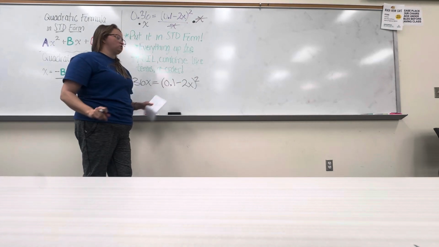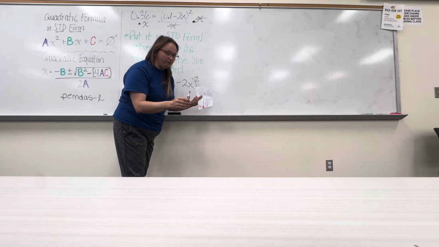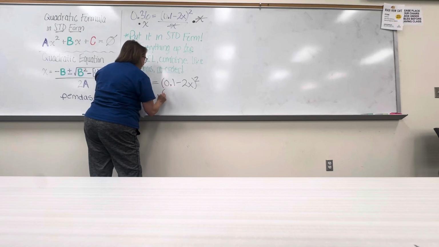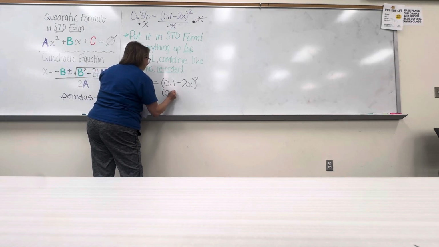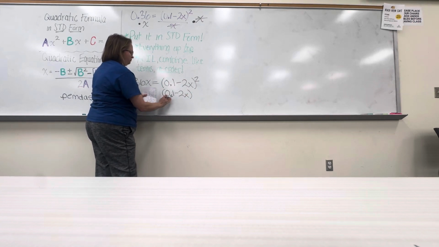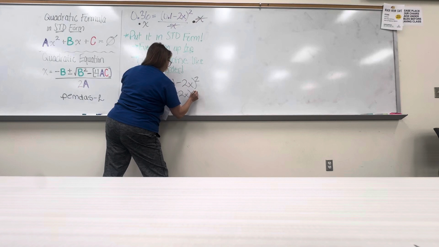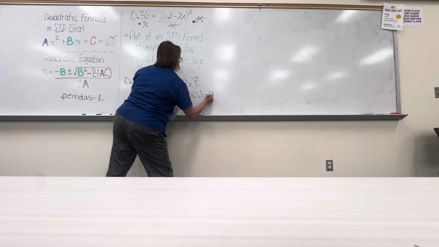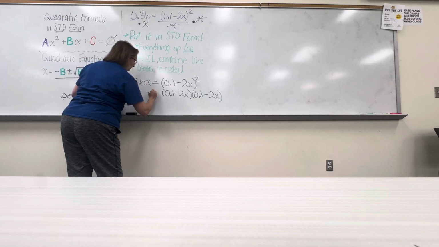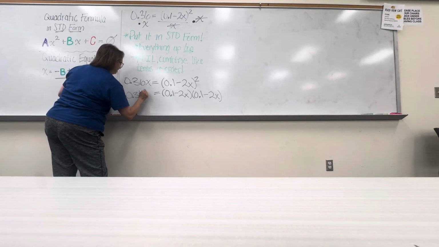Now remember, when you're squaring something, you're multiplying that thing by itself all over again, right? So we're going to expand this, and we're going to say 0.1 minus 2x, that value multiplied all over again by itself, 0.1 minus 2x, okay? All of that equal to 0.36x.